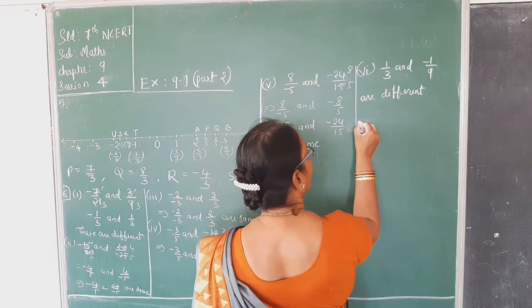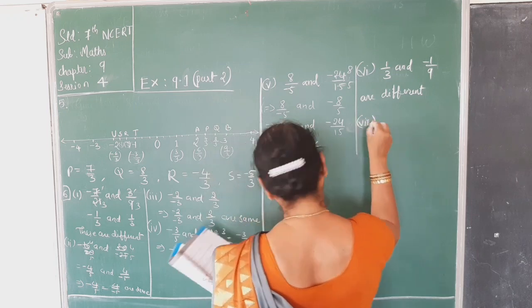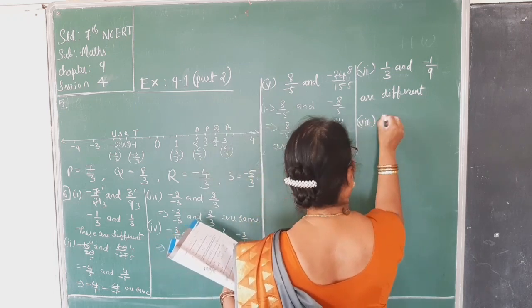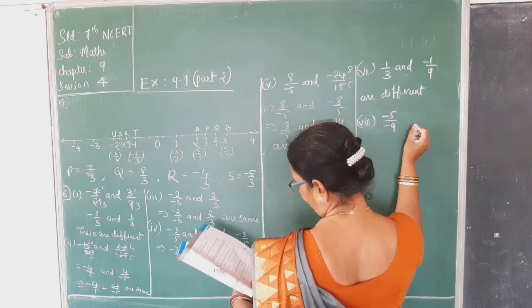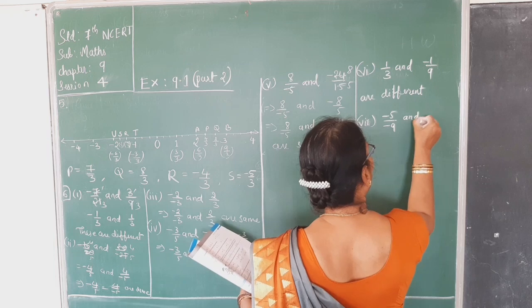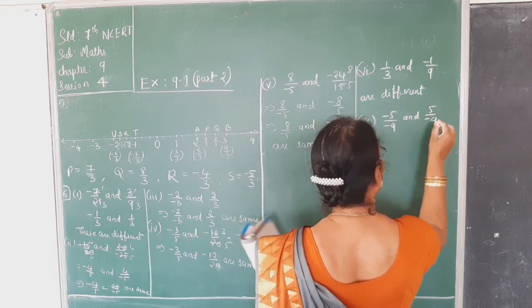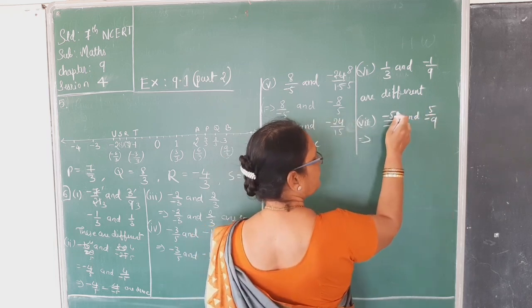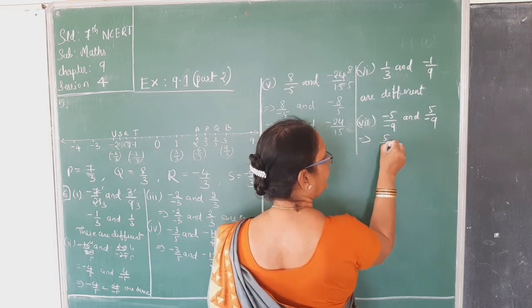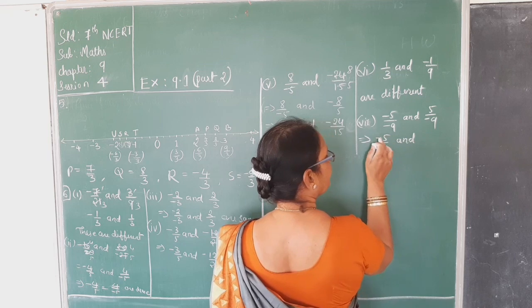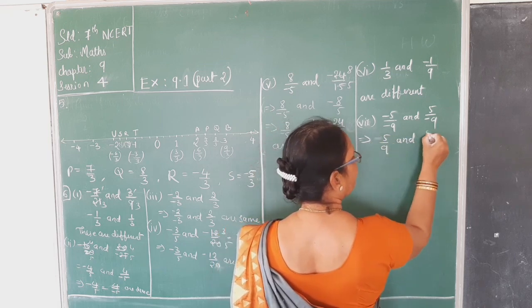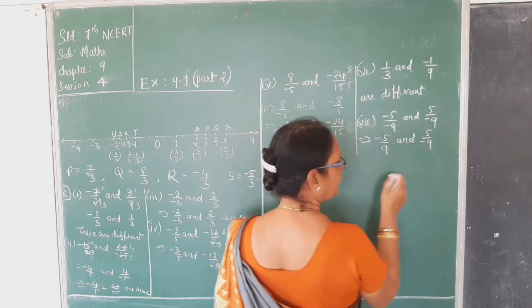Then the last one, that is the seventh one, is minus 5 by minus 9 and 5 by minus 9. See, this implies that minus 5 by minus 9 is 5 by 9 only, and 5 by minus 9 is negative.